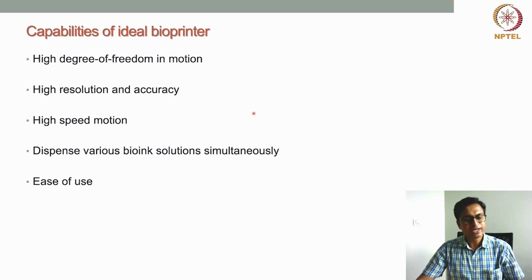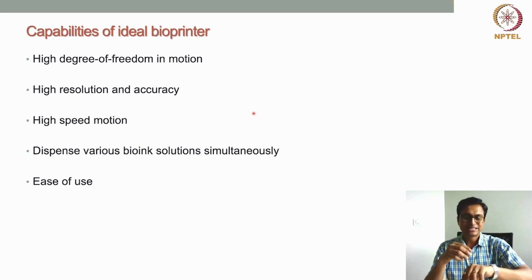Another thing is I need very high resolution and accuracy. If I want to accurately print a tissue structure mimicking the native architecture or native microstructure, then I need accuracy of the printer and high resolution, so that I can print very fine, intricate details of a particular tissue.